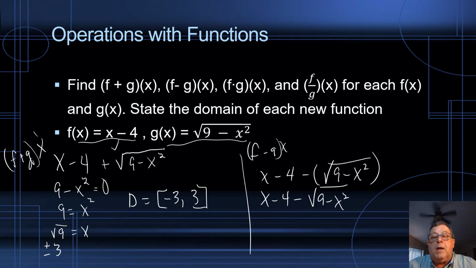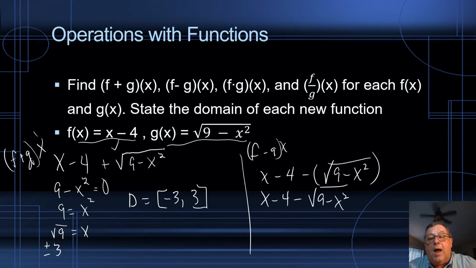Now, what about my domain? Question, is my domain restriction going to be any different than when I added that? I still can't take the square root of a negative number. I've got to be 0 or higher, right?